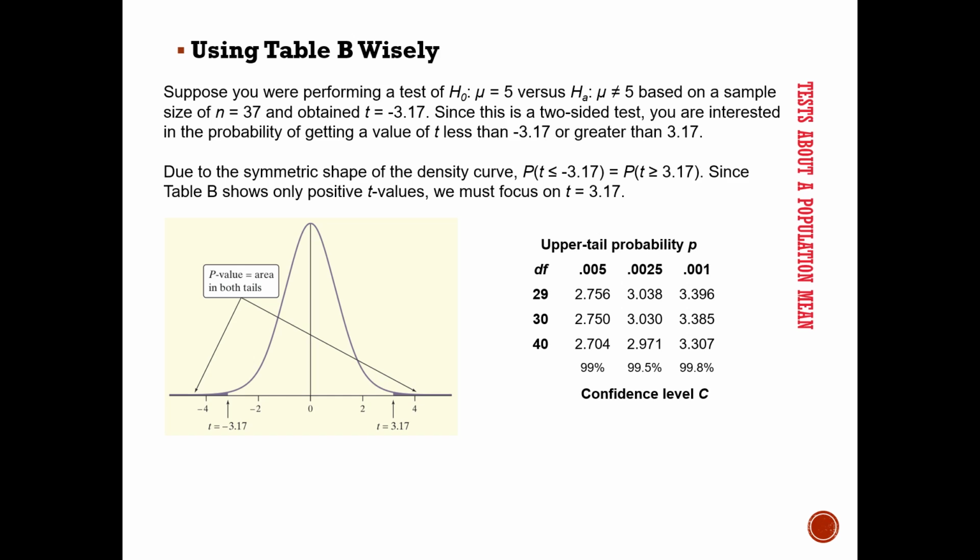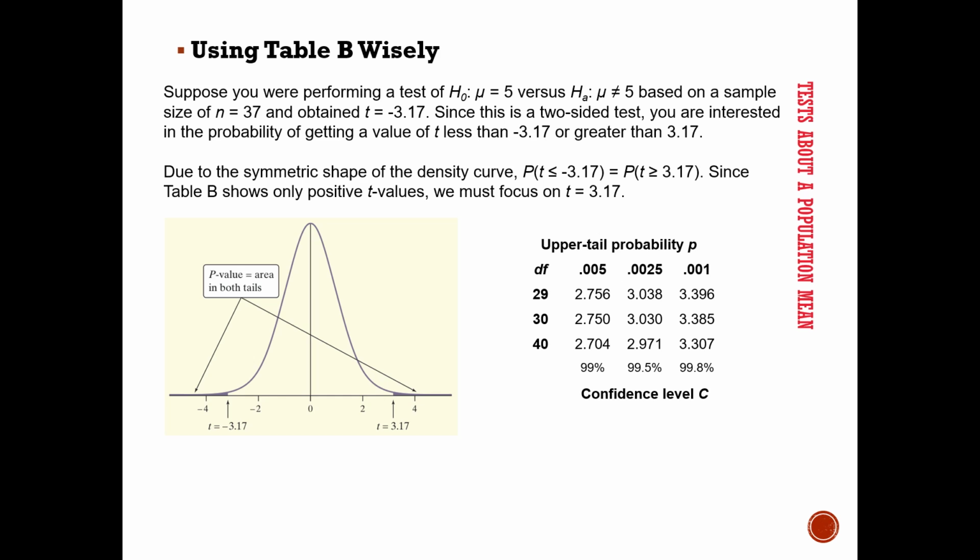Okay. What we're doing here is, suppose we're performing a test of null hypothesis mu equals 5 versus the alternate hypothesis mu does not equal 5, based on a sample size of n equals 37, and obtains t equals negative 3.17. What I'm going to show you here is how you could use the table to find a probability.